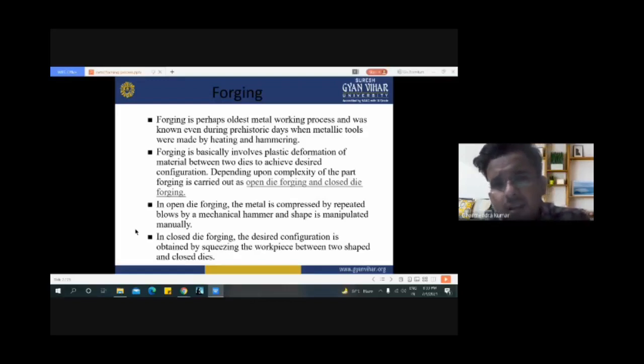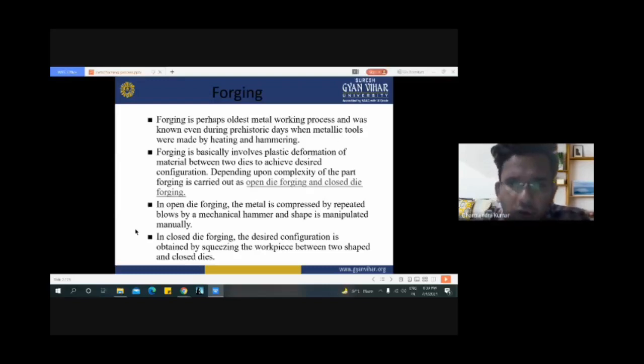Forging basically involves plastic deformation of material between two dies to achieve the desired configuration. Depending upon the complexity of the part, forging is carried out as open die forging and closed die forging. Basically, these are the two types of forging process.